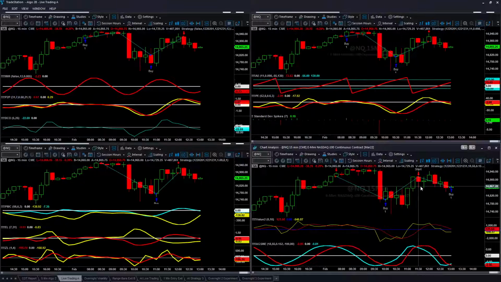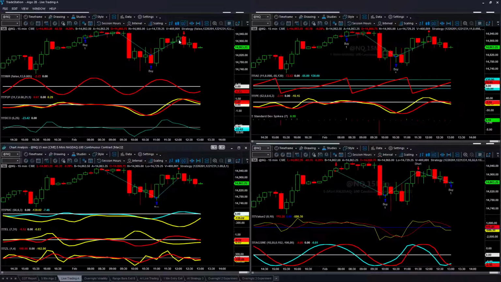Remember that sometimes this gives you signals way ahead of time. For example, rather than give you the signal here, it gave it to you a couple bars sooner. And then this was right smack on the dot, boom, right there. So it's just something to watch for.